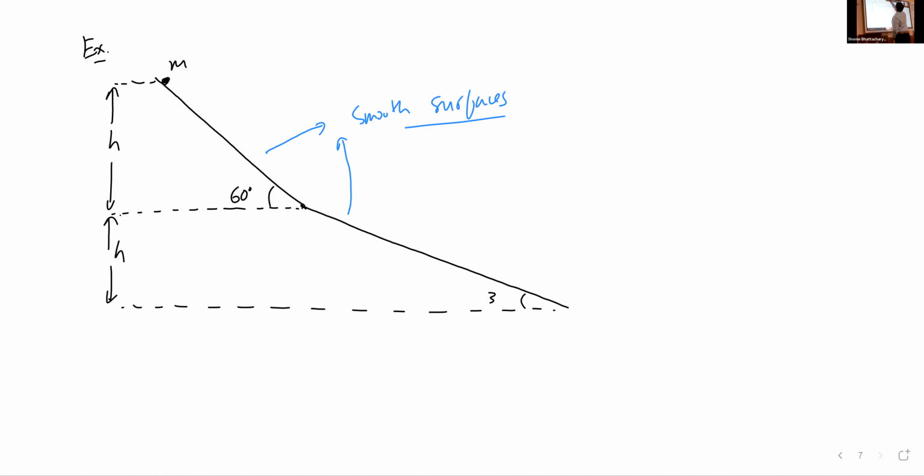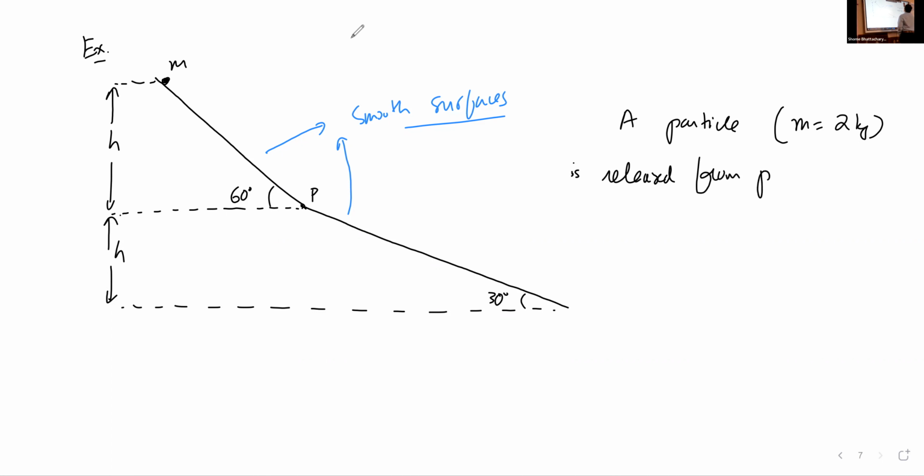It should be 30 degrees. So this is the point A.